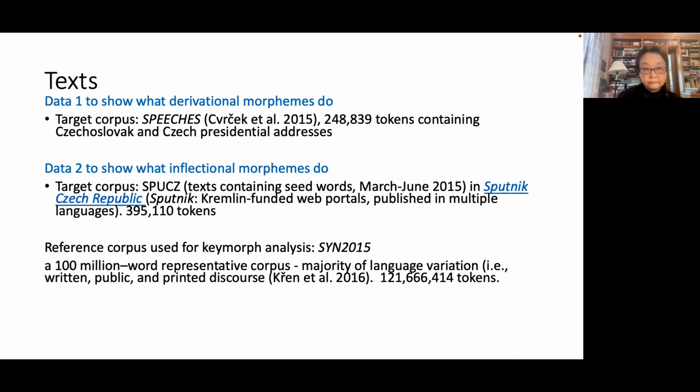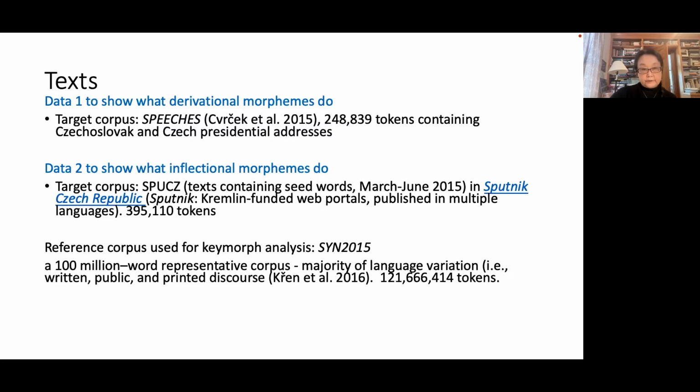This corpus contains about 395,000 tokens. These are the target texts that I'm going to show you, and they are compared against the reference corpus, which is much bigger, about 100 million words. It is representative and reflects the majority of language variation: written, public, and printed discourse, public and prepared speech.